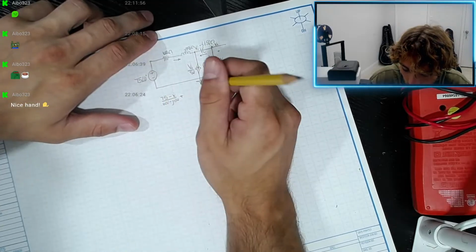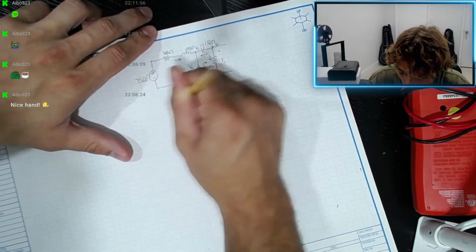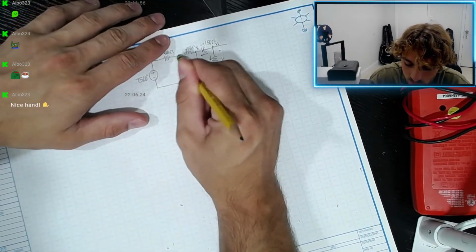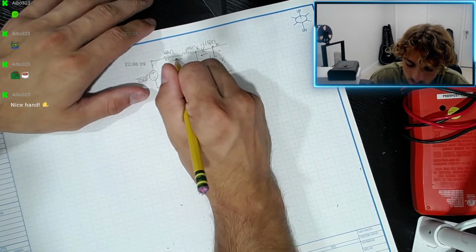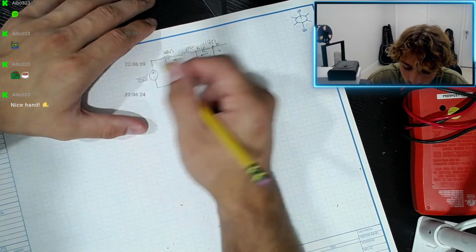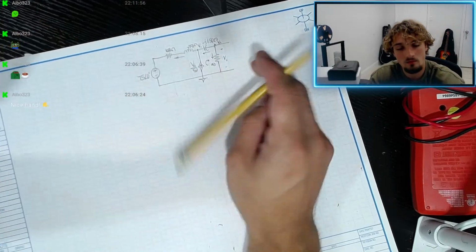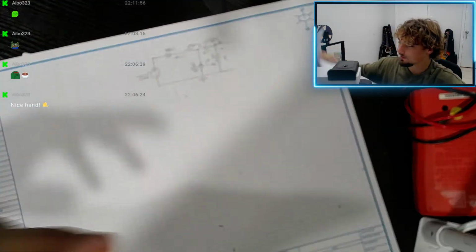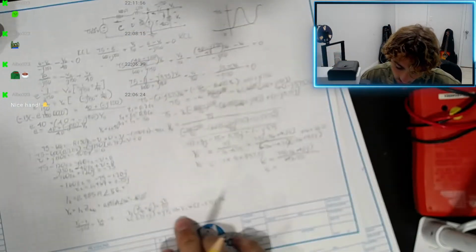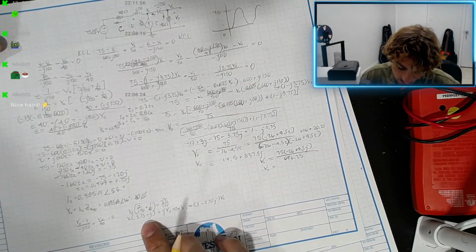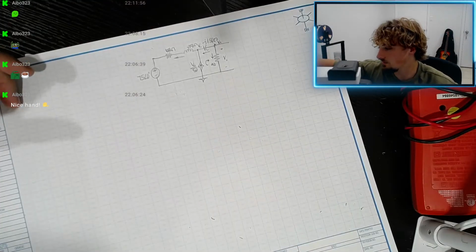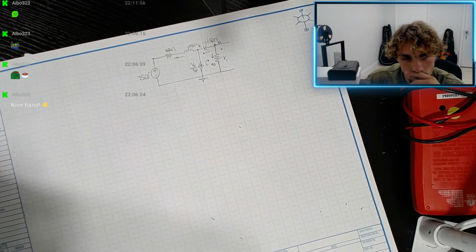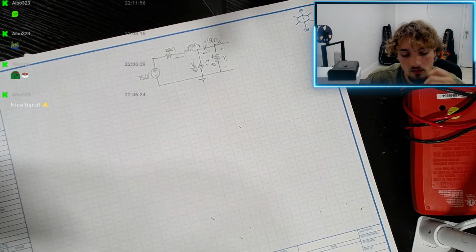If we're looking at this node, V1 is the one that can't be negative. That makes sense. Should it not matter? Let's look at our previous one again. Oh, it's making a comparison.